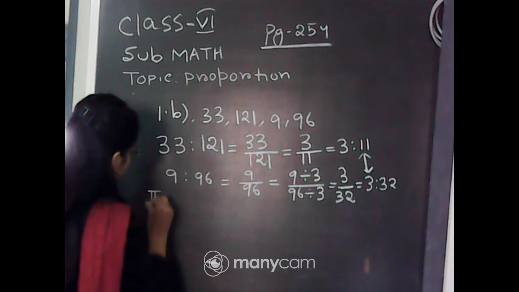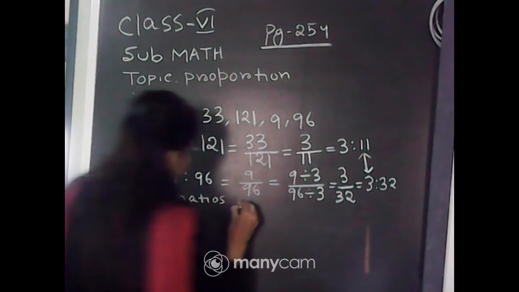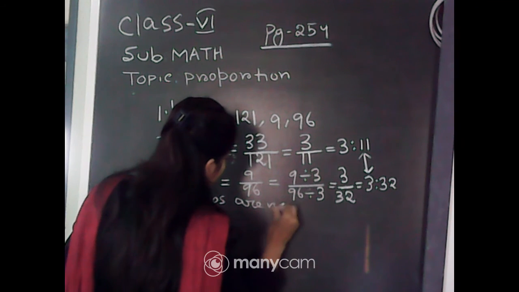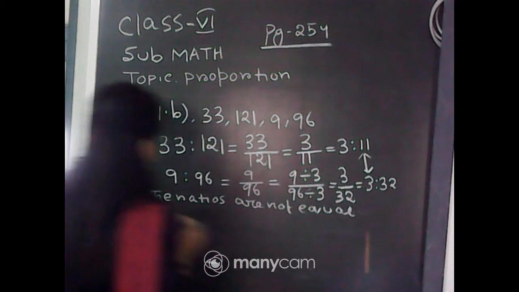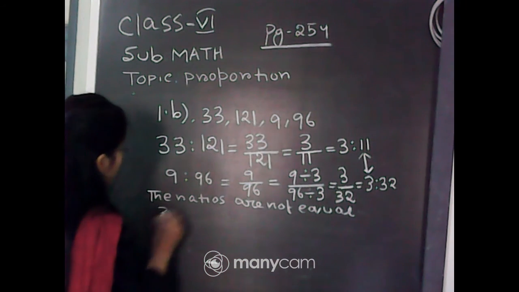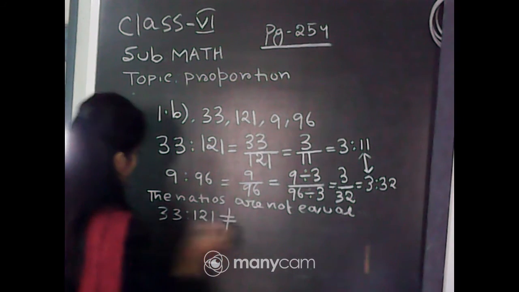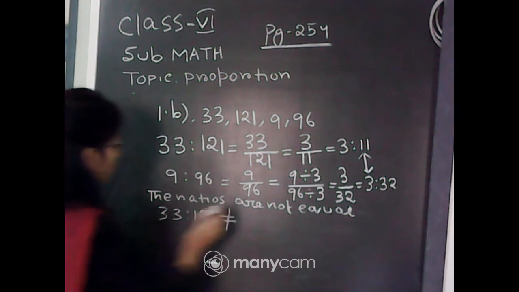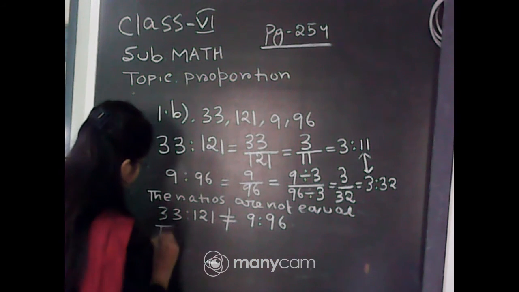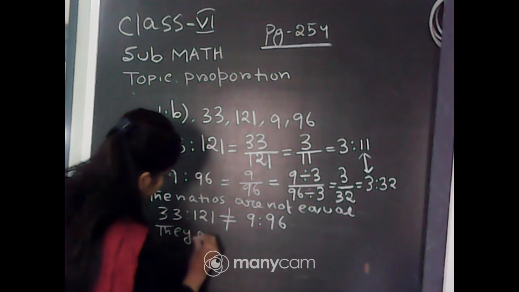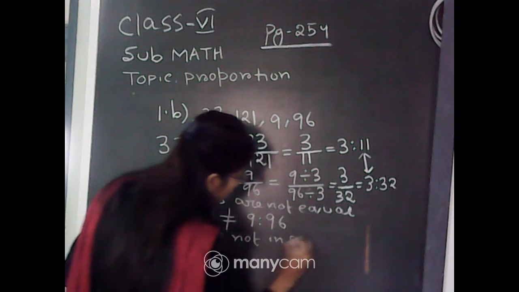Here the ratios are not equal, so they are not in proportion. That is, 33:121 is not equal to 9:96. They are not in proportion.